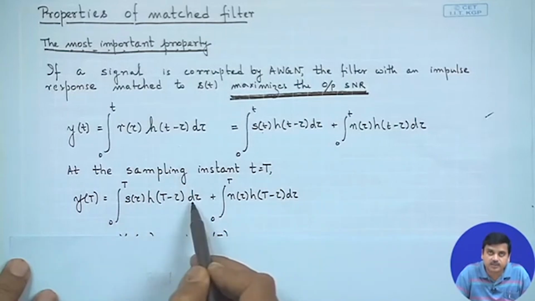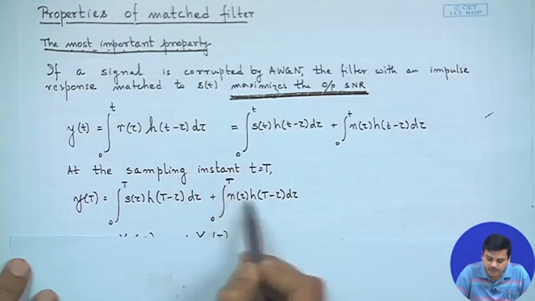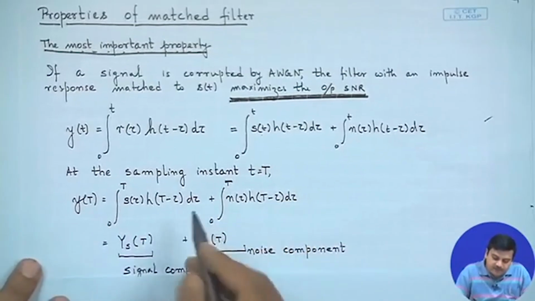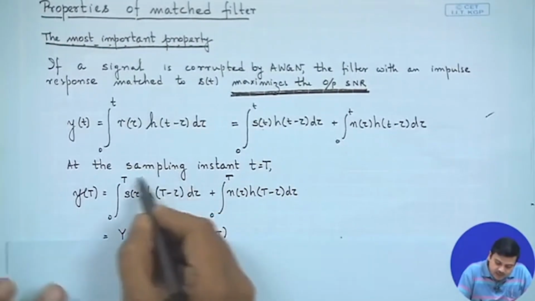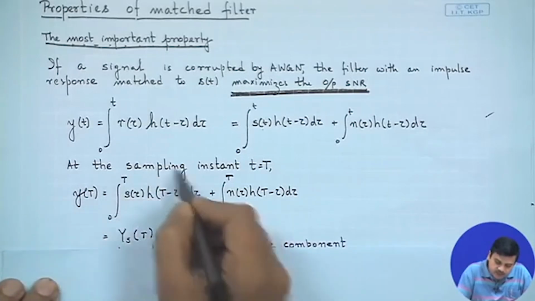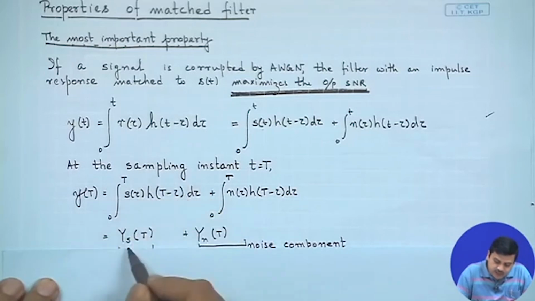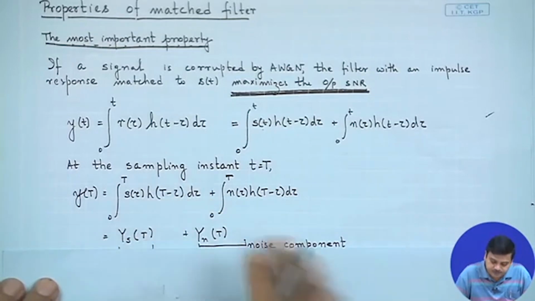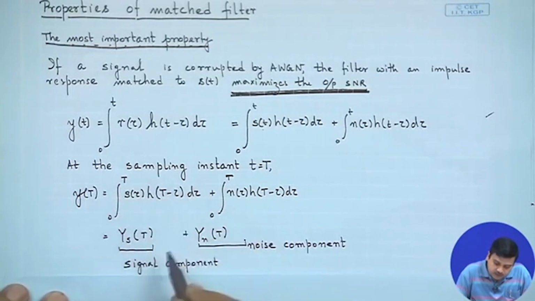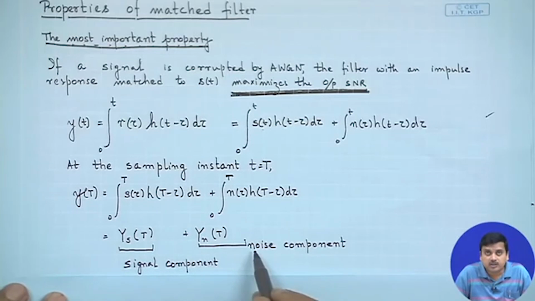So, this is the expression. You replace small t by capital T, this is what you get, and you can identify that this part of y of t, which is the output of the matched filter, is the signal component, and this part is the noise component.